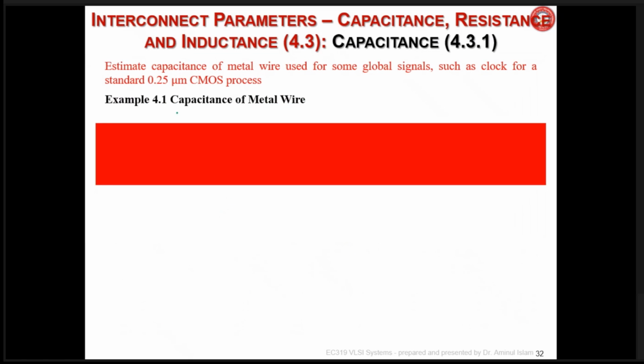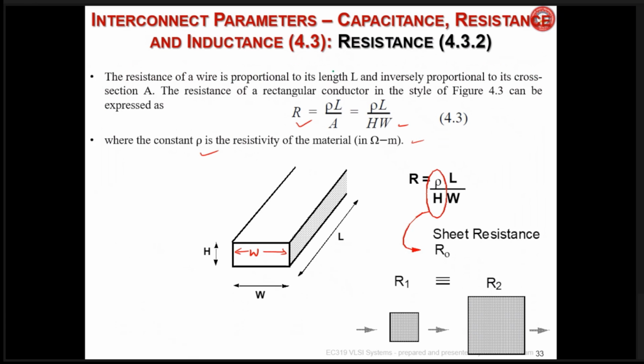Estimate capacitance: there is an example 4.1 in your book. See that and calculate. Now, what we see is how to calculate the resistance of an interconnect wire. We know that resistance is given by rho L by area A. Rho is resistivity, in ohm meter or ohm centimeter, and the area is the cross-section, the height and width of the interconnect.